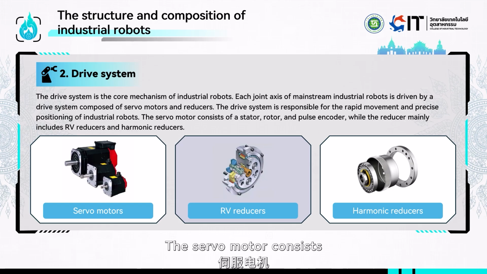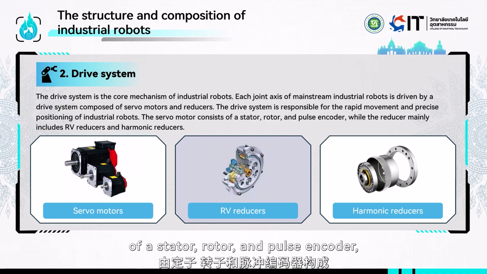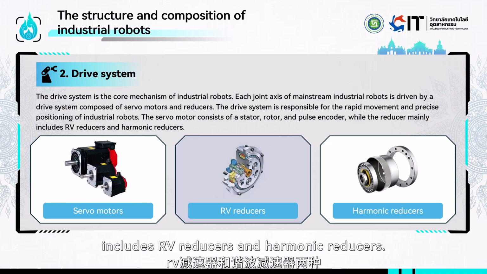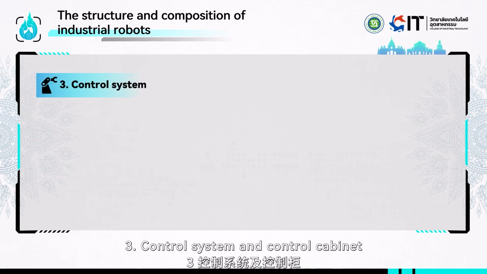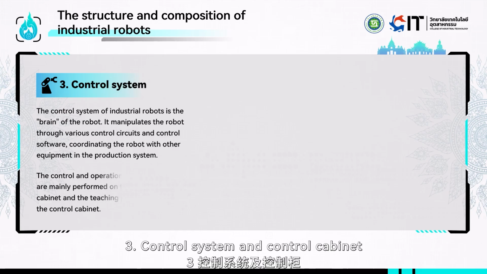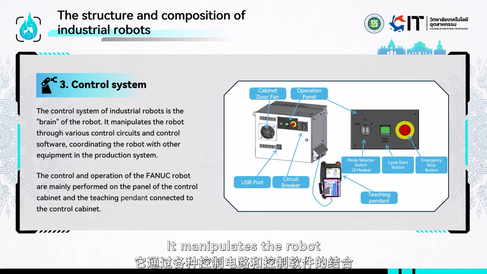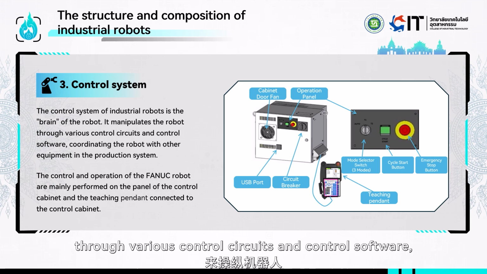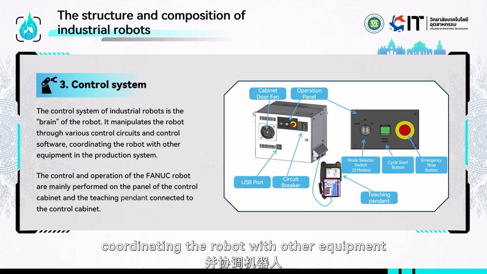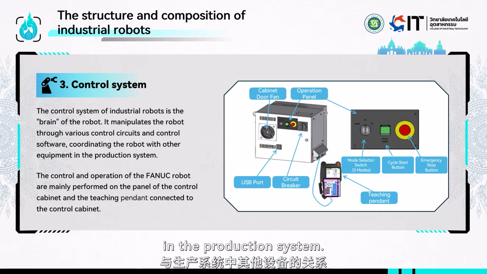The servo motor consists of a stator, rotor, and pulse encoder, while the reducer mainly includes RV reducers and harmonic reducers. 3. Control system and control cabinet. The control system of industrial robots is the brain of the robot. It manipulates the robot through various control circuits and control software, coordinating the robot with other equipment in the production system.